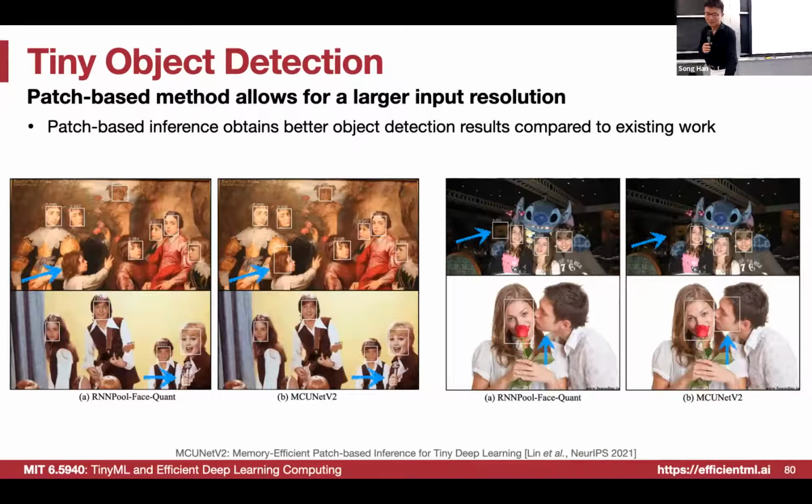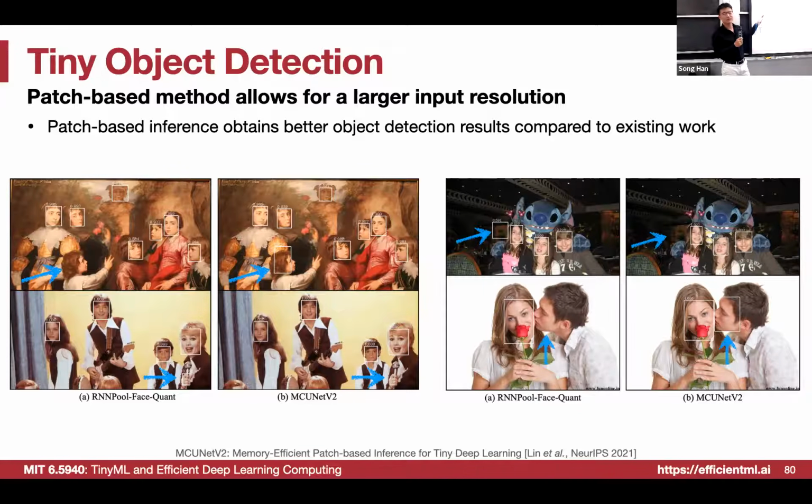We have another demo here to show why higher input resolution is important. With this patch-based inference, we can enable larger resolution. We compare with previous methods: there were some false predictions on the hand, but now we no longer have those false predictions.